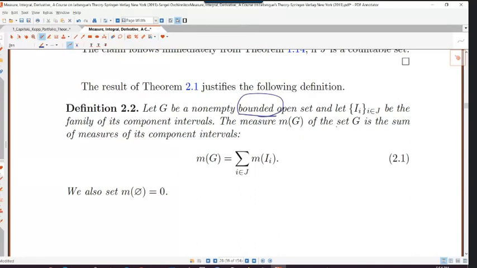Okay, and let I, where I belongs to J, be the family of its component intervals. The measure M of the set G is the sum of measures of its component intervals because I are mutually disjoint.